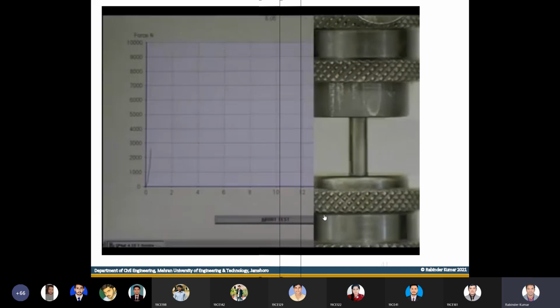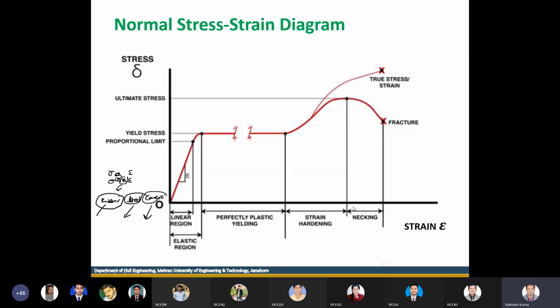After this point the material starts failing because the necking appears, and you will see the fracture in that material. So you must understand what the linear region is, what the elastic region is, what the plastic region is, what strain hardening is, and what necking is.